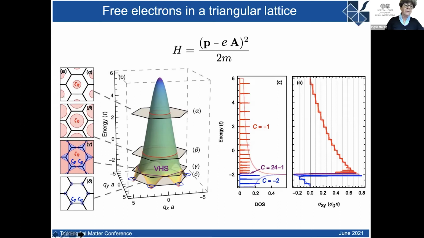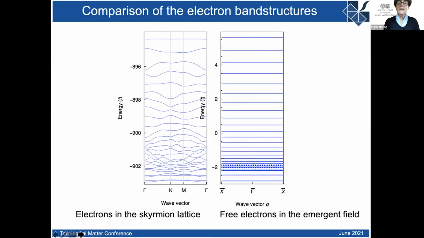So now let's compare the band structure that we calculated before for the electron in the skyrmion lattice, and now for the electron in the homogeneous magnetic field with Landau quantization. And you see there is a similarity between the band structures. You have a correspondence between the individual bands, but of course, in the case of the skyrmion, we have really dispersion in our bands, and in this model Hamiltonian, we have no dispersion. We have flat Landau levels. But otherwise, they are very similar.